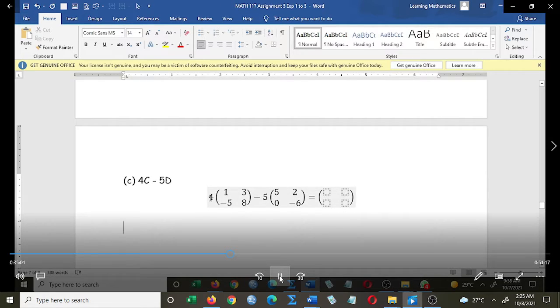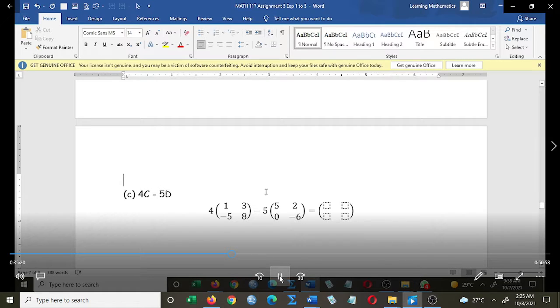When a number is in front of a matrix, it's called a scalar quantity. Okay? So this 4 is a scalar quantity. That -5 is a scalar quantity. A number in front of a matrix is called a scalar value.